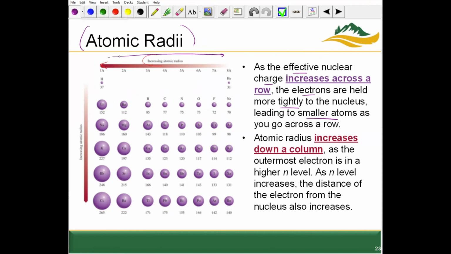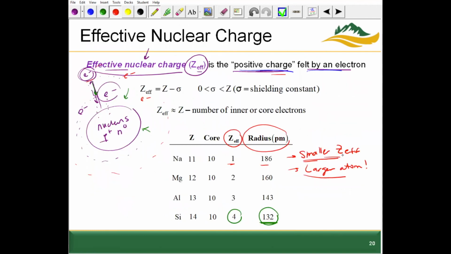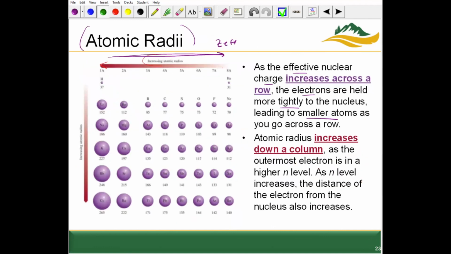That complements increasing effective nuclear charge from left to right, then increasing atomic radius from right to left. Again, the smaller the effective nuclear charge, the larger the atom. The greater the effective nuclear charge, the smaller the atom. So that's the trend we see here. And so effective nuclear charge helps us look at the left to right and right to left trends.